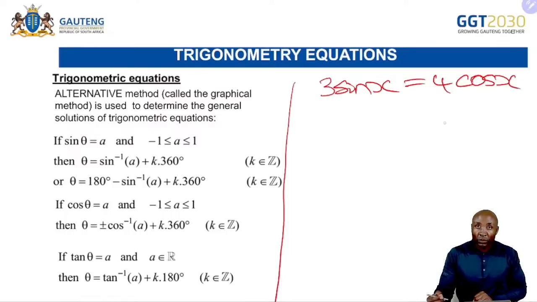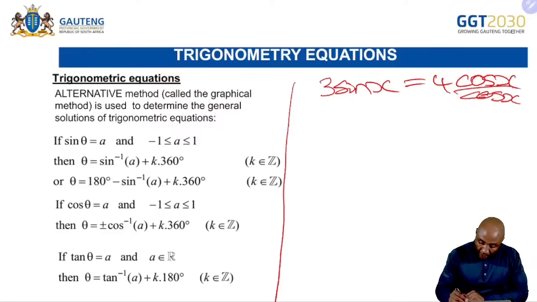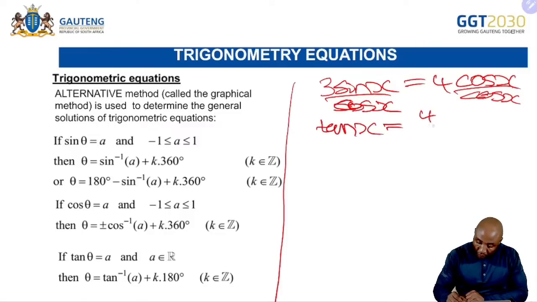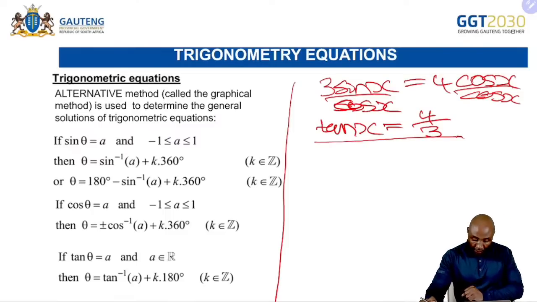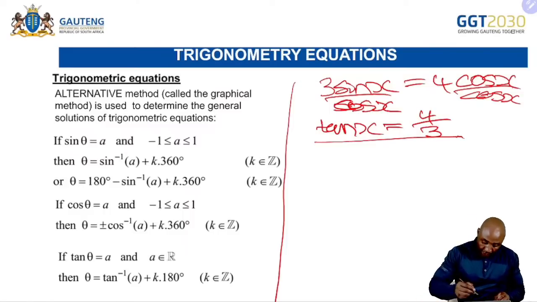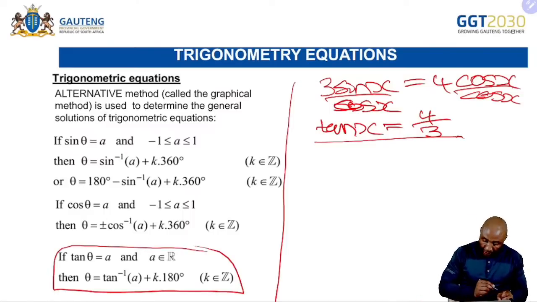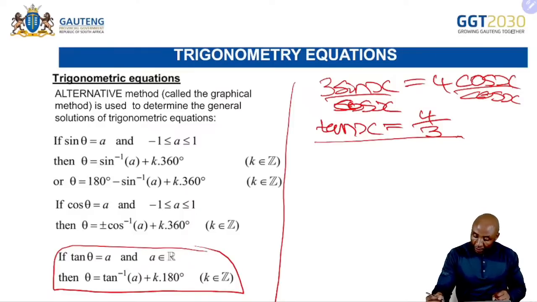You will not be able to go anywhere because you are having sine and cos. So the easiest thing to do is to make sure we know that sine over cos is an identity. Divide both sides by cos x, and that will give us tan x is equal to 4 over 3. Then from here, you know how to find your general solution for tan, and we are able to get our general solution.